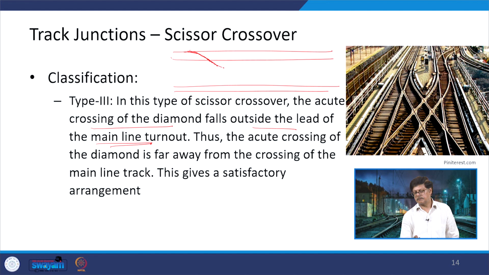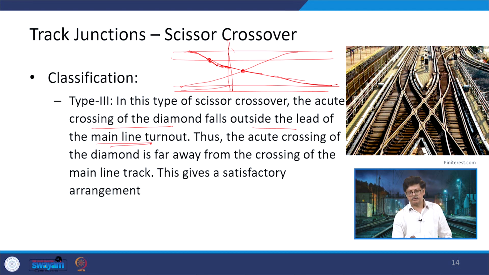Now, if it is a long one in this form, this crossing comes here, and here is where the curve lead stops. So, it is going out of the length. In this case the acute crossing of the diamond is far away from the crossing of the main line, and as I said, it is a satisfactory arrangement.